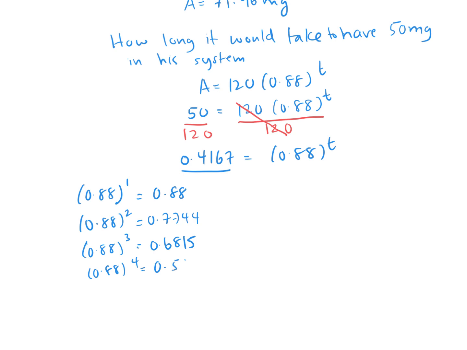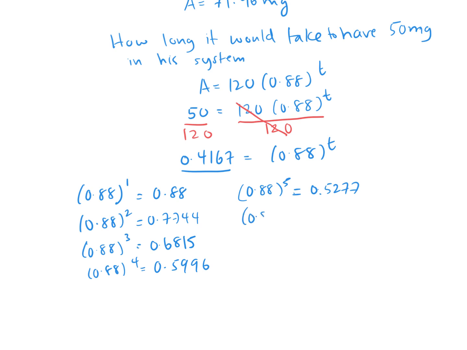So now we're at 0.5996. So I'm going to try 0.88 to the power 5. And that gives me, so I'm getting close, 0.5277.